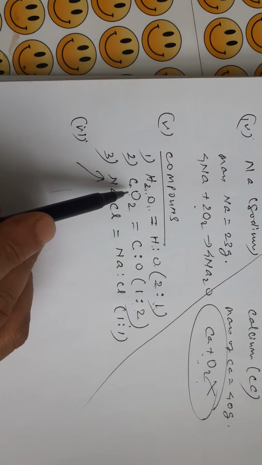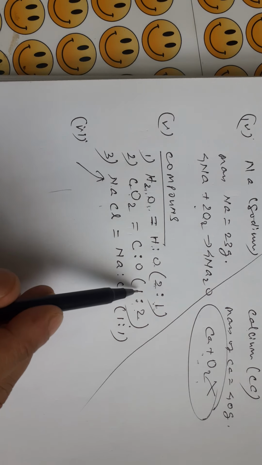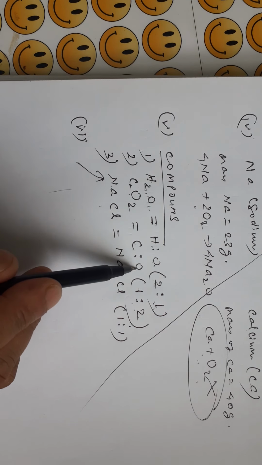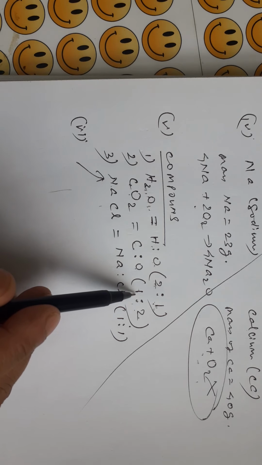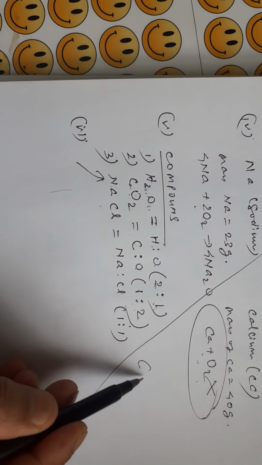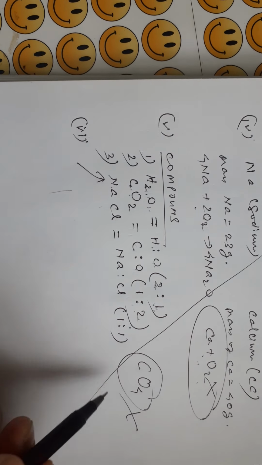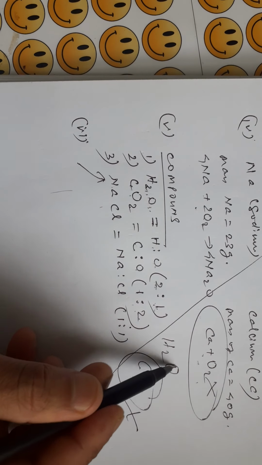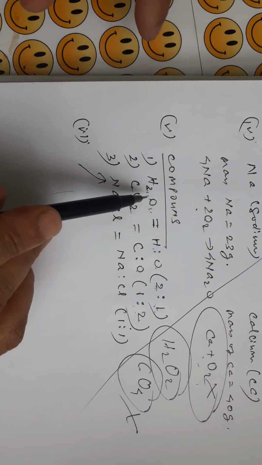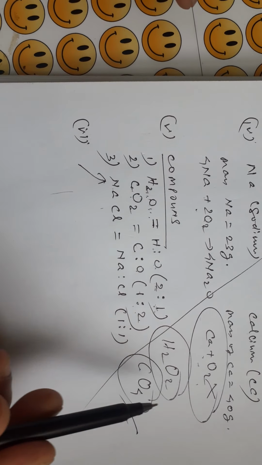Carbon dioxide also, 1 atom of carbon always combined with 2 oxygen atoms. You will never find carbon dioxide gas where 1 atom is combined with 4. Impossible. Water is not sometimes H2O2. Always H2O means 2:1, not 2:2.